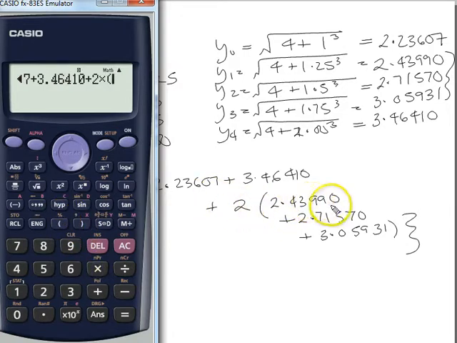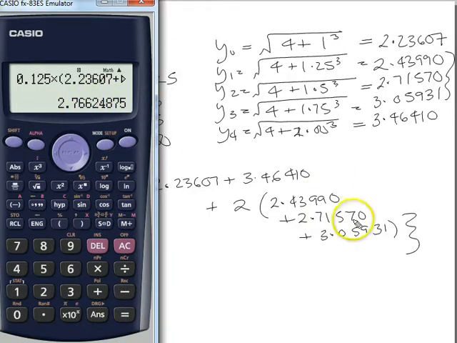Now we've got these three, 2.43990 plus 2.71570, and the last one 3.05931 added. Close that bracket, then close the brace, which is another bracket in the calculator.